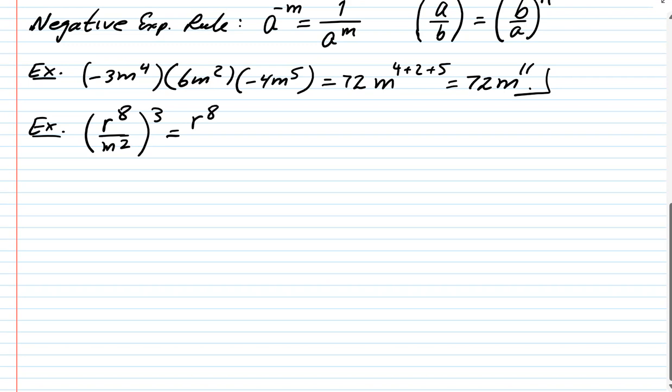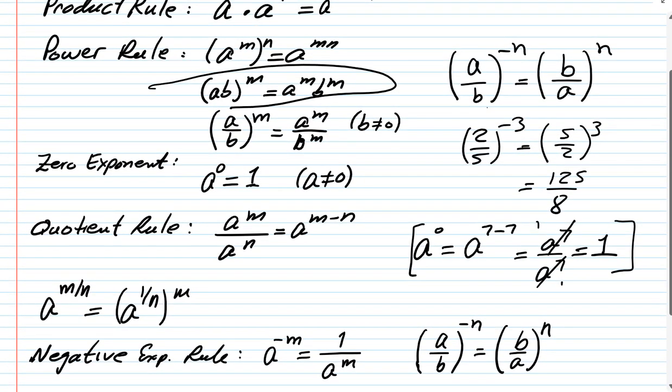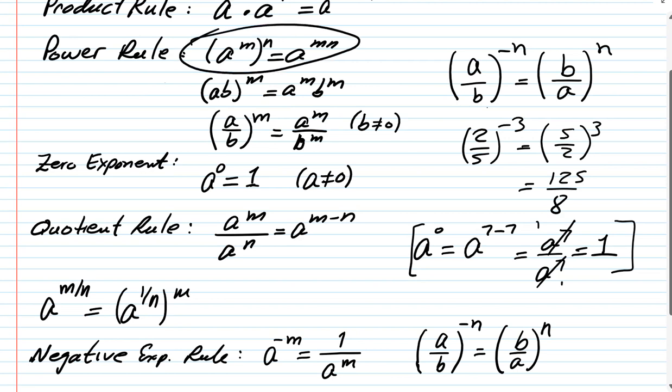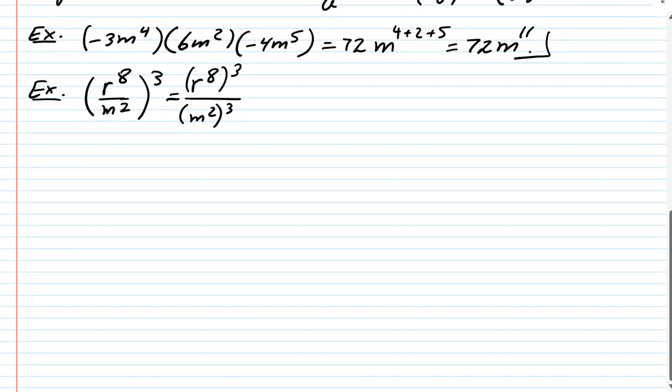So that would be r to the 8 cubed over m squared cubed. And each of these now we're going to use the power rule, that version of it. So 8 times 3, multiply the exponents, so that would be r to the 24th divided by m. 2 times 3 would be 6, so m to the 6th.